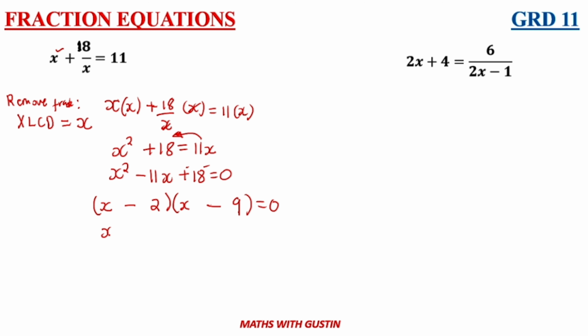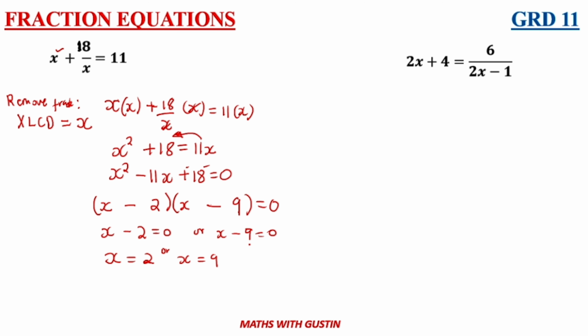So x minus 2 equals 0, or x minus 9 equals 0, which gives us x equals 2 or x equals 9.